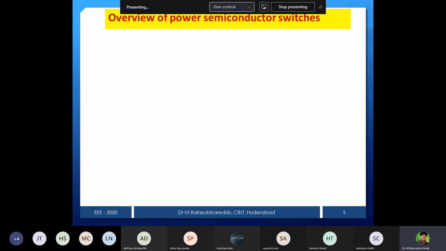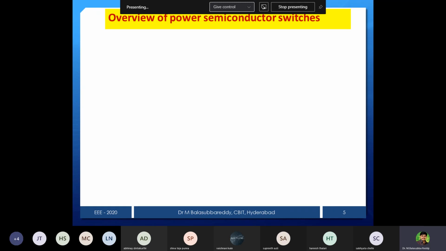Either the device is on or off based on the gate or base current. If base current is given, the switch will be closed. If we remove the base current, the switch will be open. Whereas in the case of other devices like MOSFET and IGBT, if we give gate voltage, the device will be closed, and if you remove the gate voltage, the device will be open.